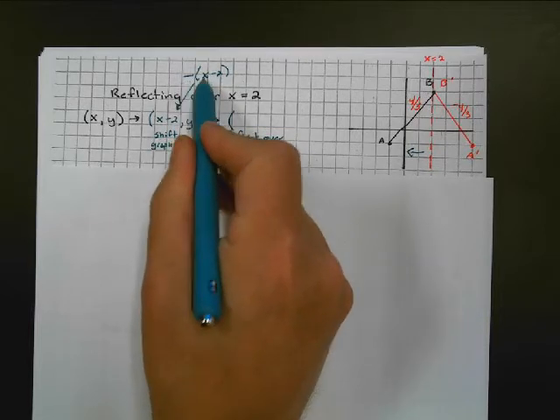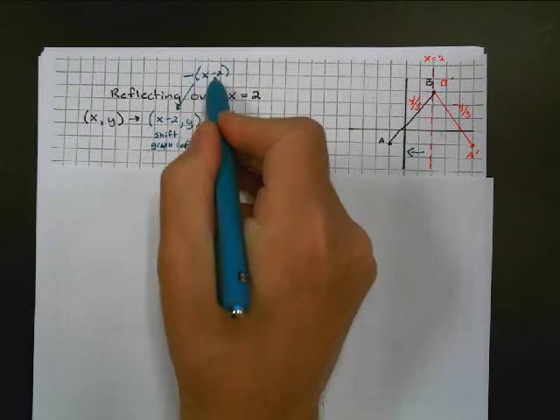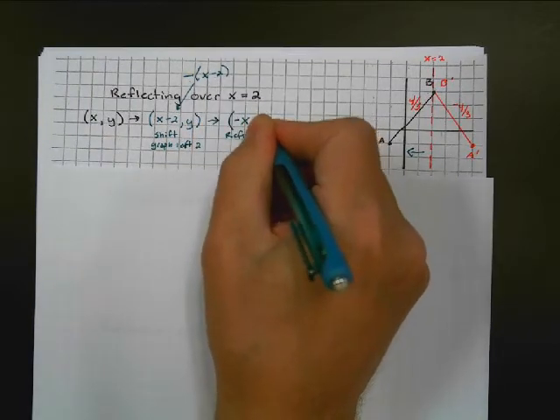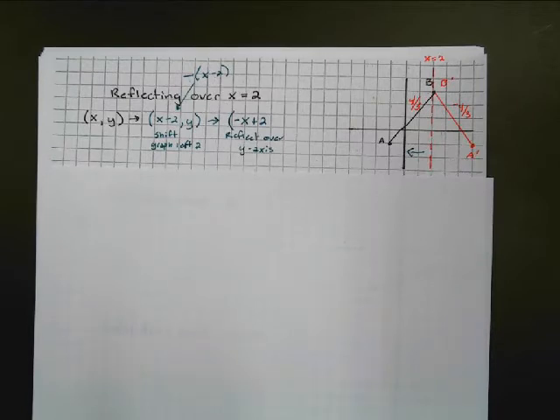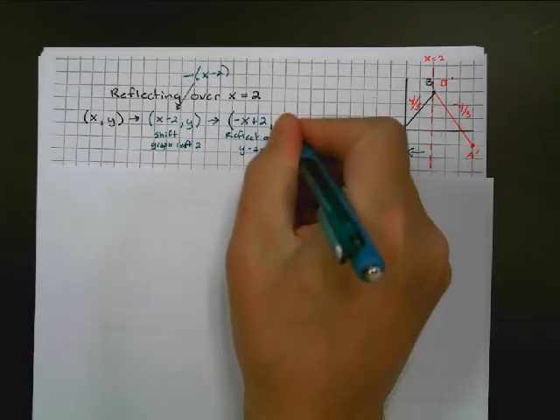So this would become negative x, and then this one would become positive 2, because I'm distributing. Now, in a reflection over the y-axis, the y doesn't change, so it's just going to be comma y.